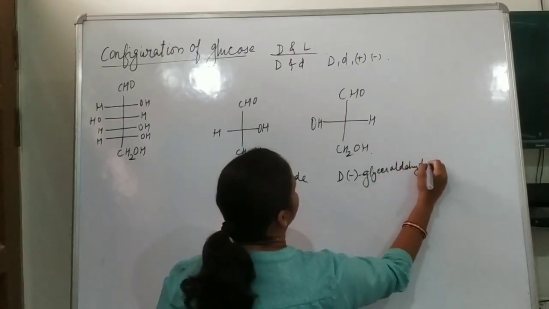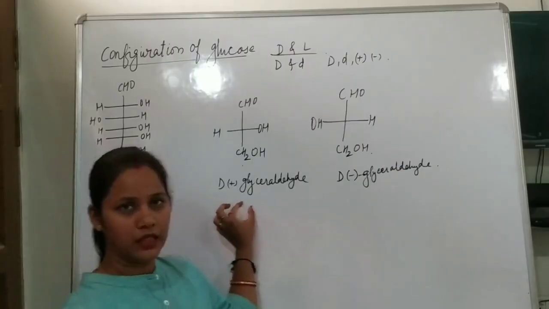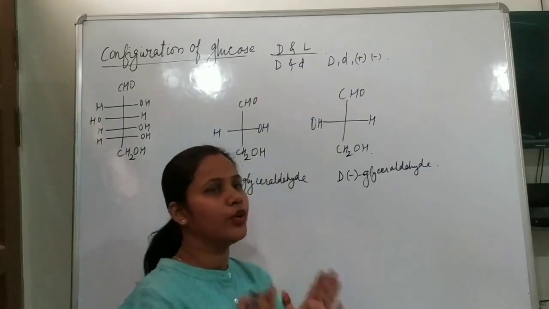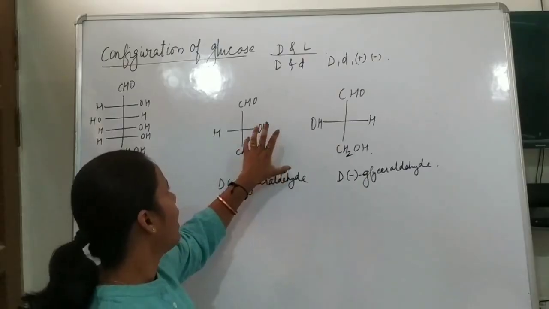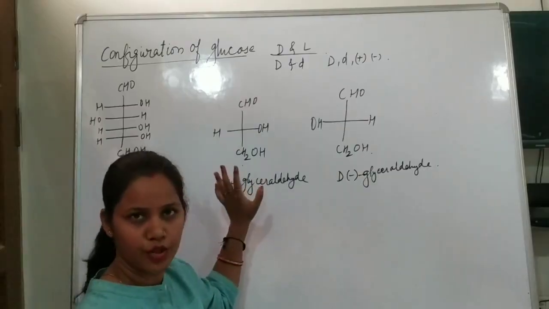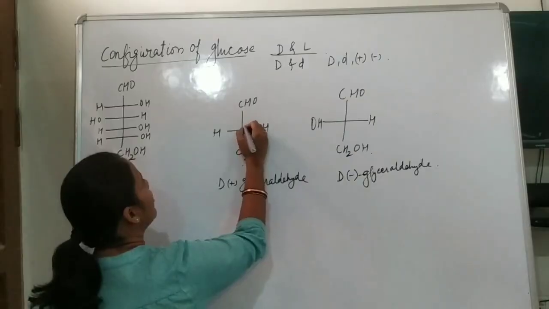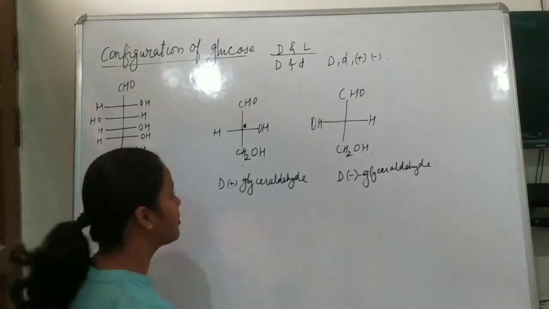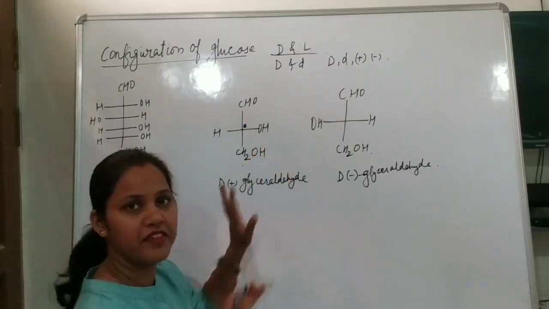What is the difference here? This capital D denotes the notation of the OH which is just adjacent to the CH2OH. Here, what is an asymmetric carbon? First of all, let us understand. This is my asymmetric carbon, that is a chiral carbon. You know what a chiral carbon is? It is connected with 4 different groups.